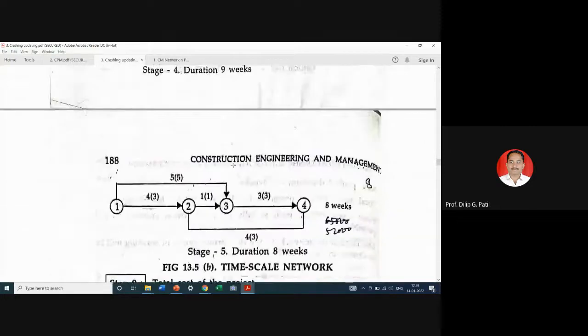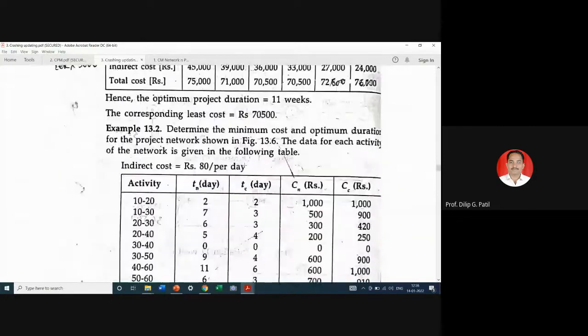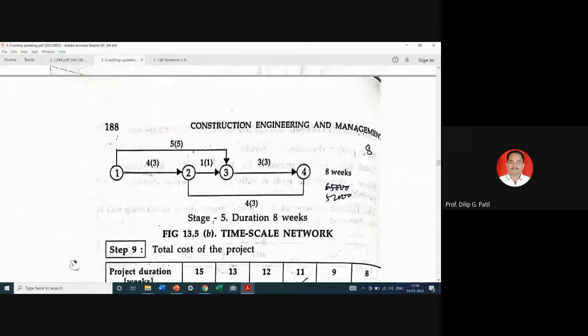But still you can see that in this network there is one extra week available here, but you cannot crash because parallelly there is no scope for the crashing of this activity or this activity.